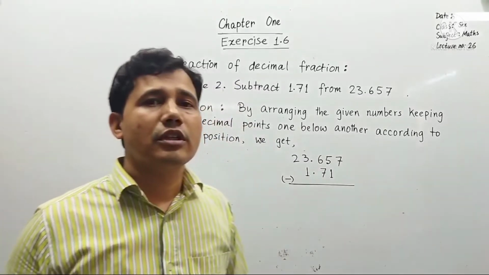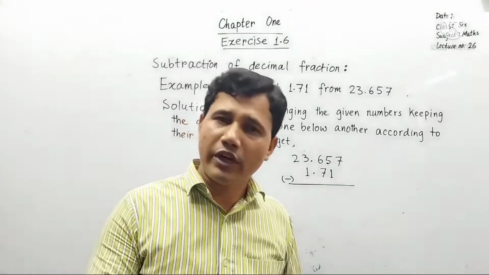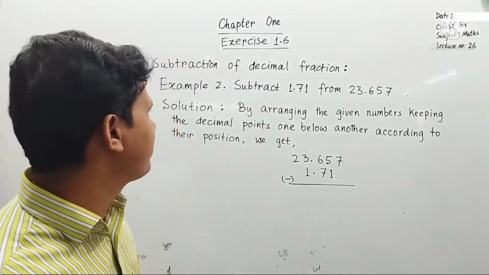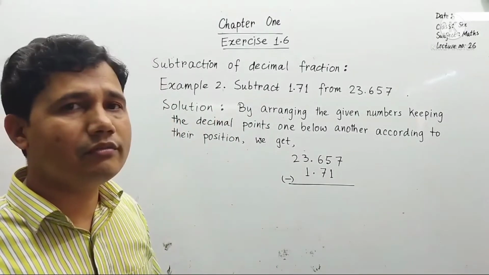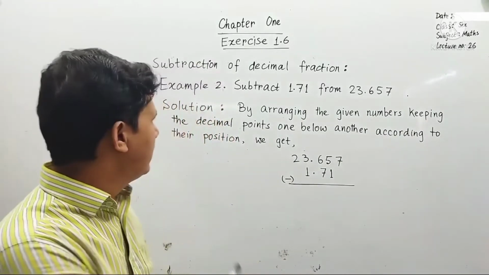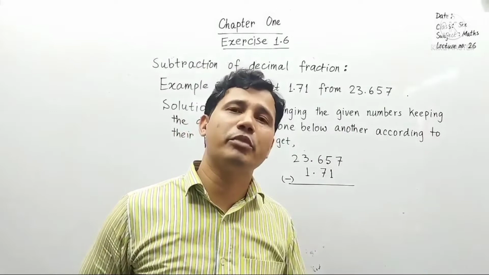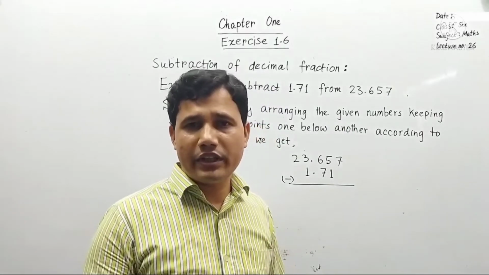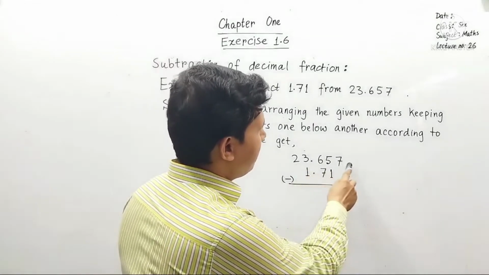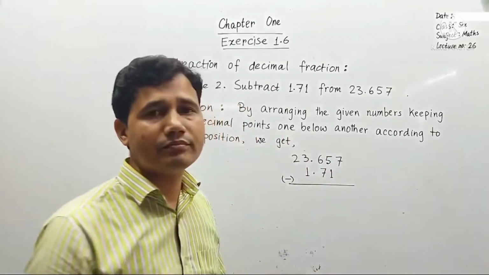Now, before subtracting like normal subtraction, we have to arrange, because there is a decimal point. In the solution, you will arrange the given numbers this way, keeping the decimal points one below another according to their position. Then we get 23.657 and below it 1.71.